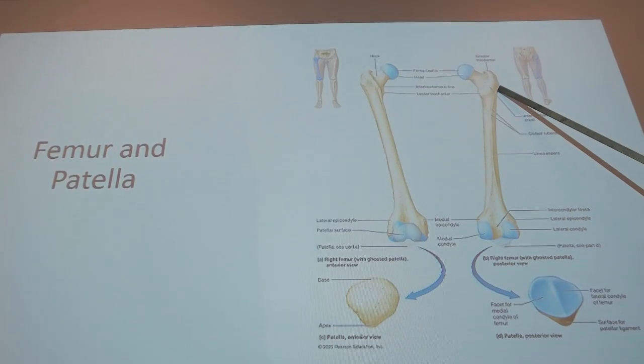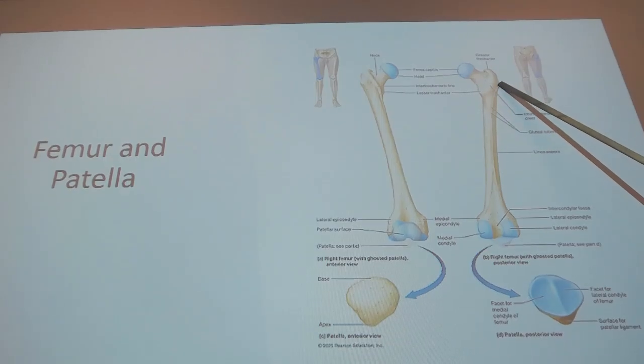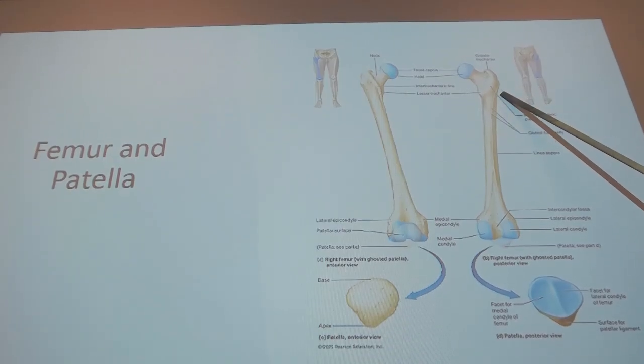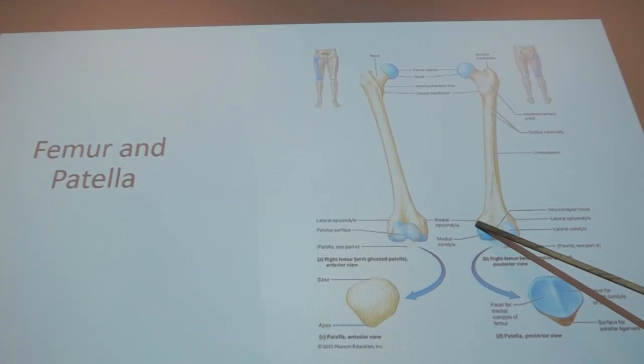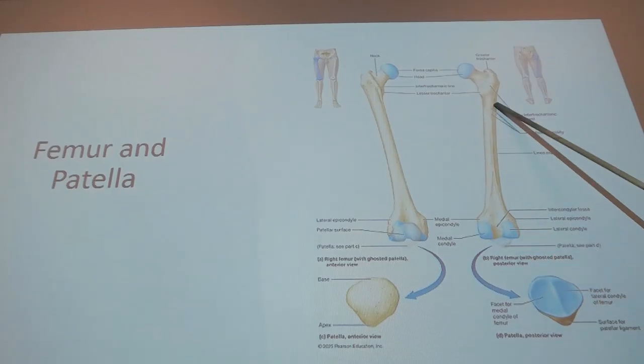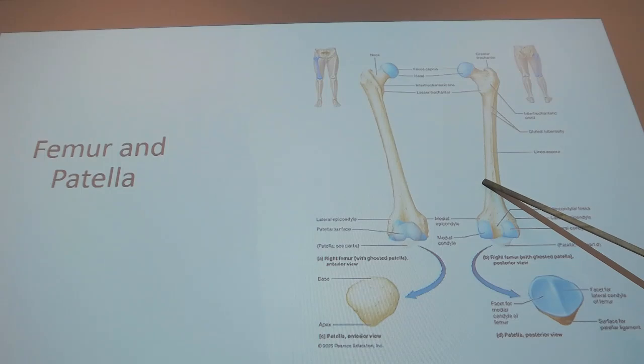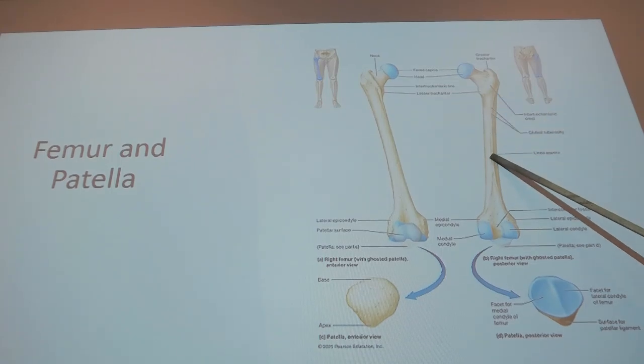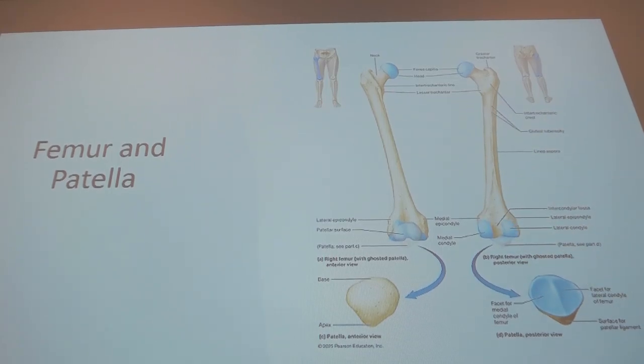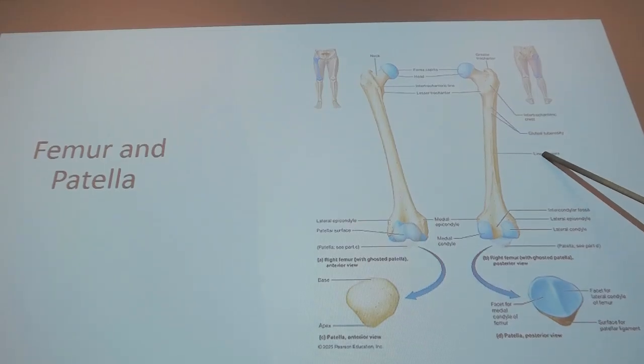Posteriorly, there is a line that runs from the inferior part of the greater trochanter to the medial condyle. This is the gluteal tuberosity that converts into the linea aspera. This means rough line.